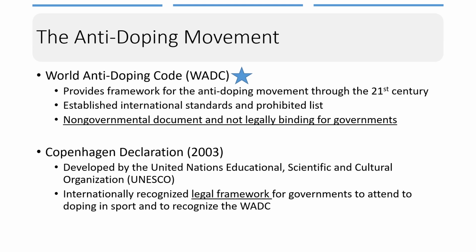Its key objective is to encourage governments to acknowledge and adhere to the principles outlined in the WADC. By doing so, governments play a vital role in supporting the integrity of sports competitions and upholding the values of clean and fair play.